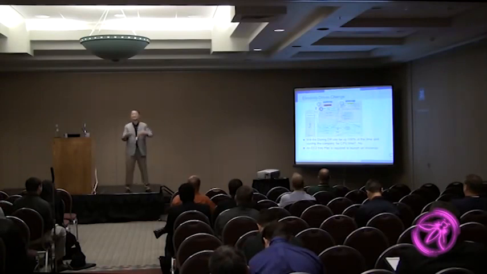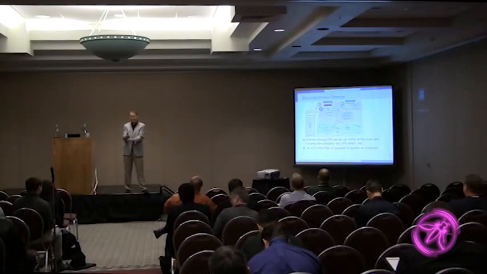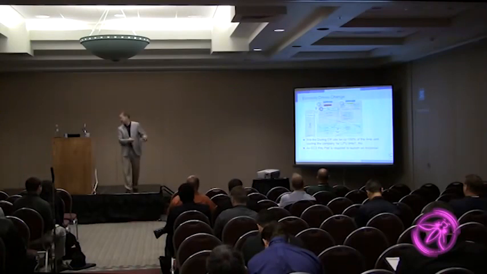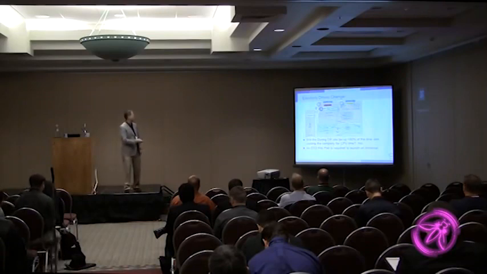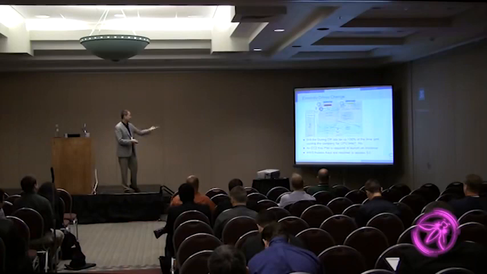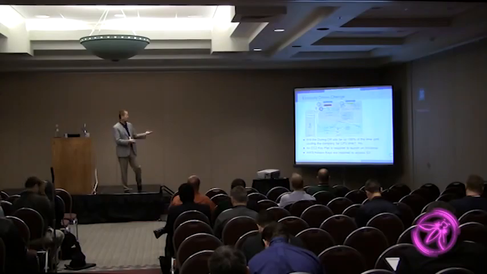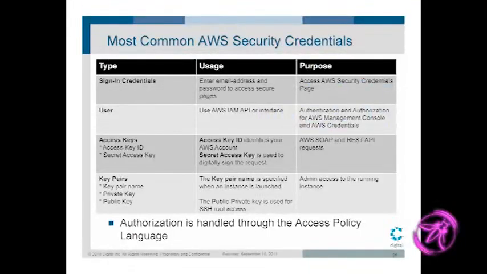So now you have these EC2 credentials that you have to secure. You need AWS credentials to access anything in AWS, so you have that problem all over the place.